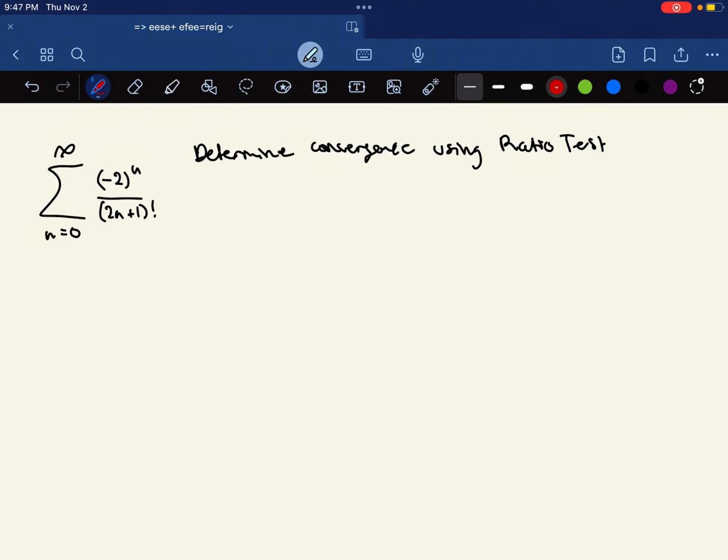Okay, so we've got this series here, and we want to determine its convergence using the ratio test. The ratio test states that for the limit as n goes to infinity of each of the next terms divided by the current terms, if this is equal to some value L that is less than 1, then the series is convergent.